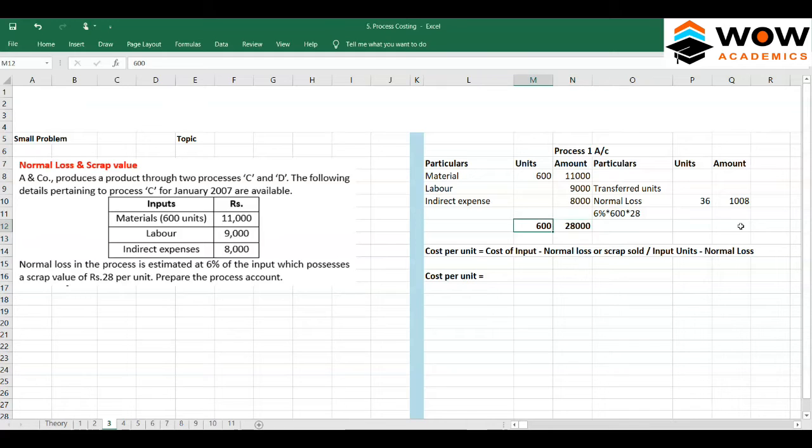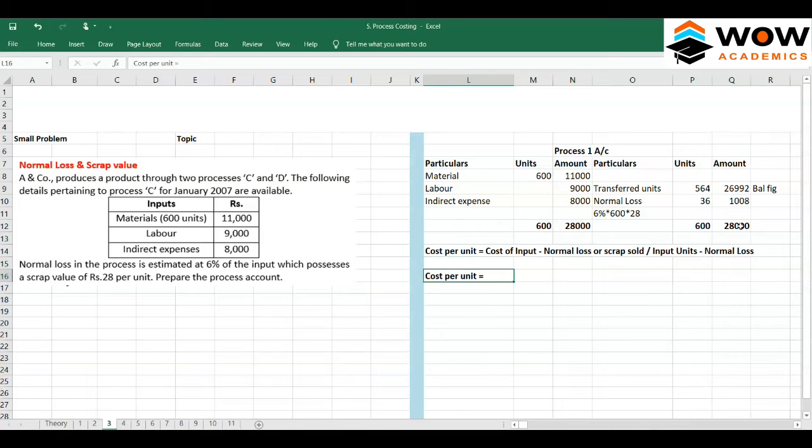So copy this. So we got the amount here. So the balancing figure would be for this. So the balancing figure would be 600 minus 36. This is the unit that is going to be transferred, as well as this is the amount. Okay, so this is the balancing figure. But we have to work out the cost per unit.